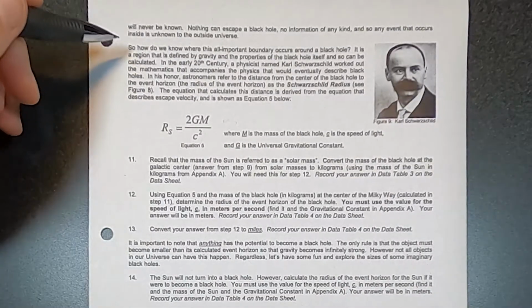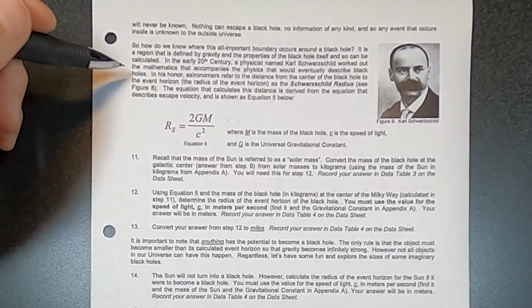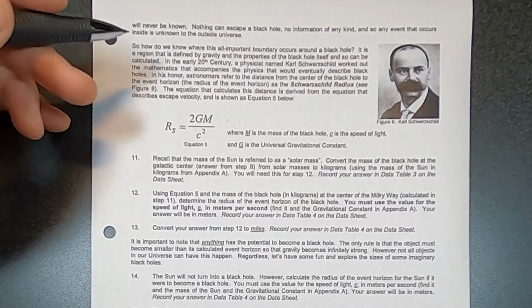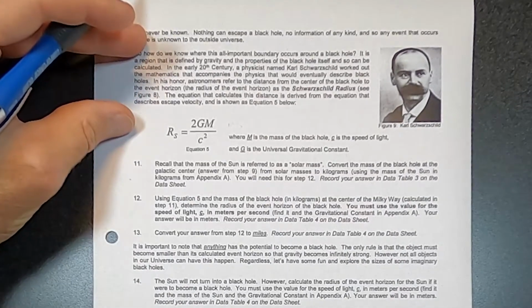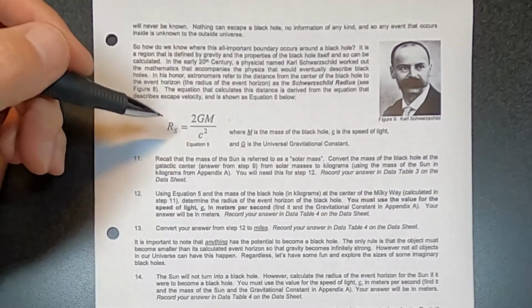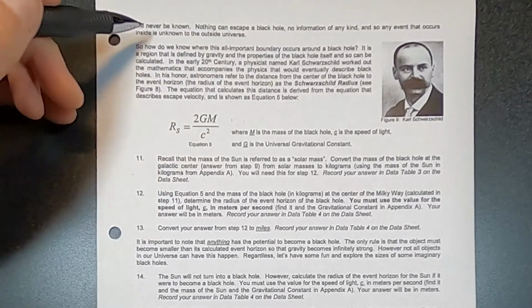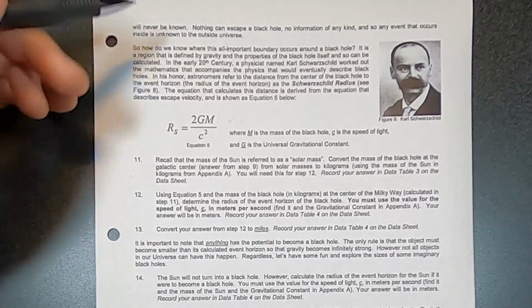Okay, so on our last page, 63, we're sort of heading down the home stretch here. What we want you to do now is determine some more information about the black hole at the center of the galaxy. One of the things we're leading up to is the size of the event horizon of the black hole. If you watch the introductory video, this will make more sense to you, so make sure that you watch that.